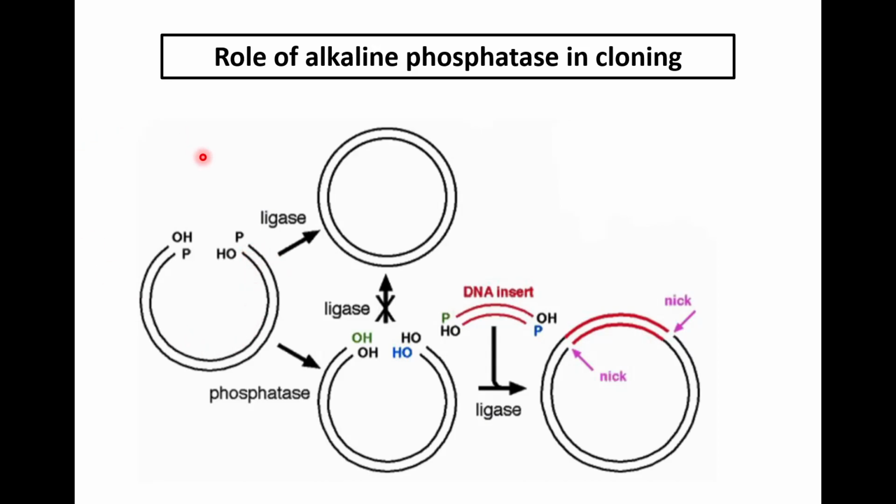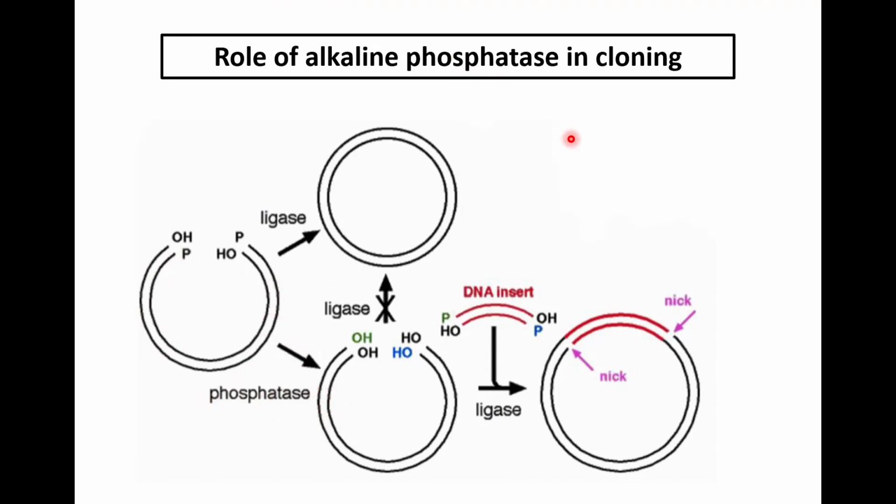Okay, I'm not talking about the insert, because the insert is very small in size, so the probability of religating of the insert is much lesser as compared to the vector. The vector is a very large construct and it can actually religate. Okay, so to avoid that, people treat this restriction digested vector with a phosphatase, like the alkaline phosphatase.